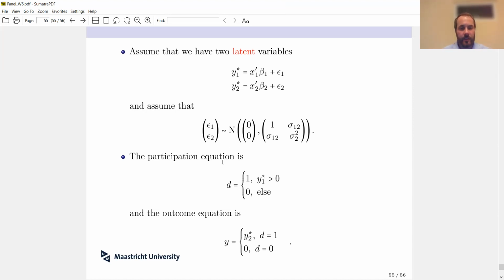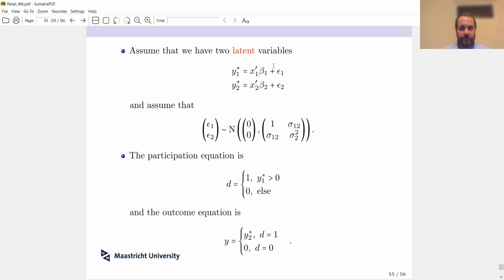Okay, the participation equation: these are the latent variables, of course. This would be whether the offered wage is at least as large as the reservation wage. If that is the case, we observe a 1.